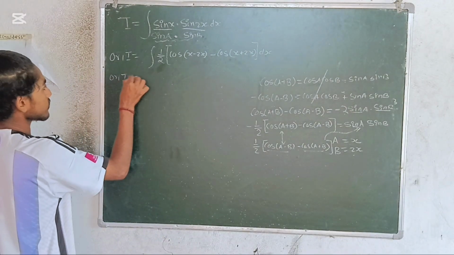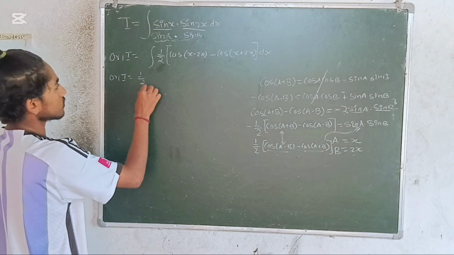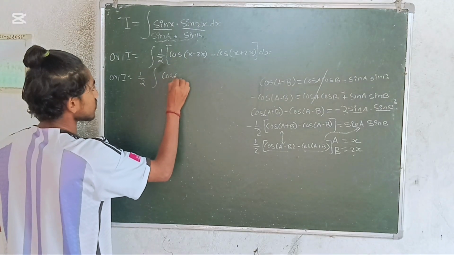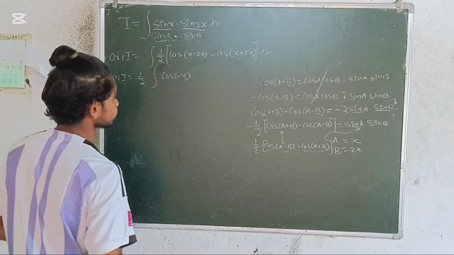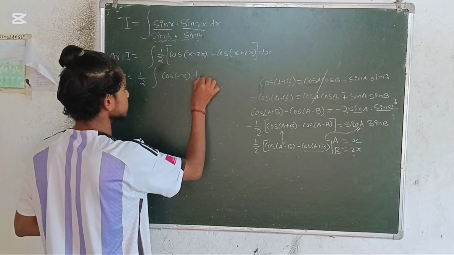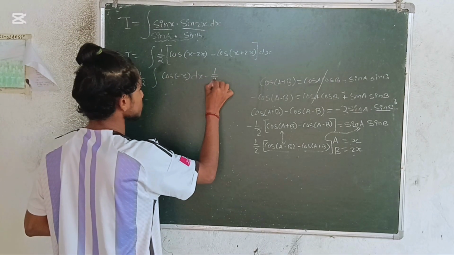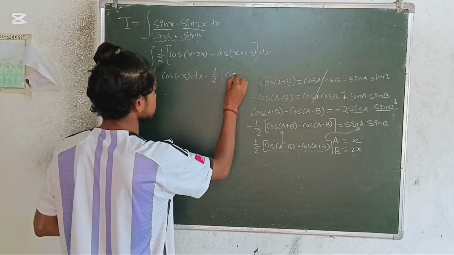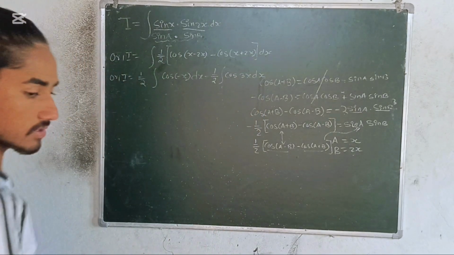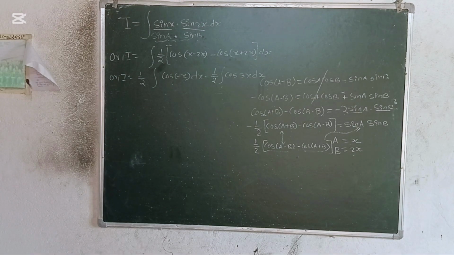Now I'm separating the integral. This would be 1 over 2 integral of cosine of minus x dx, minus 1 by 2 integral of cosine of 3x dx.